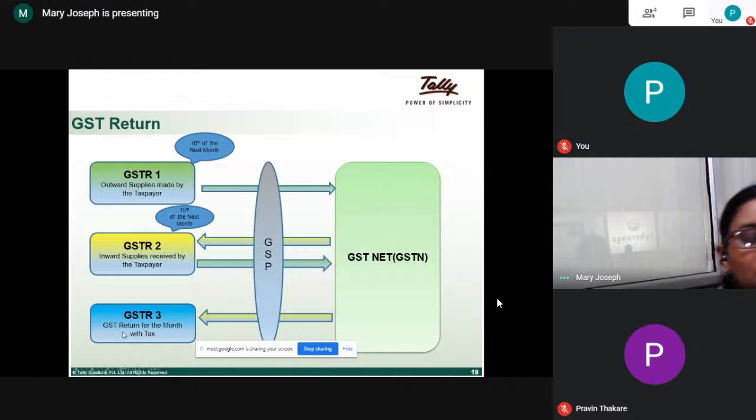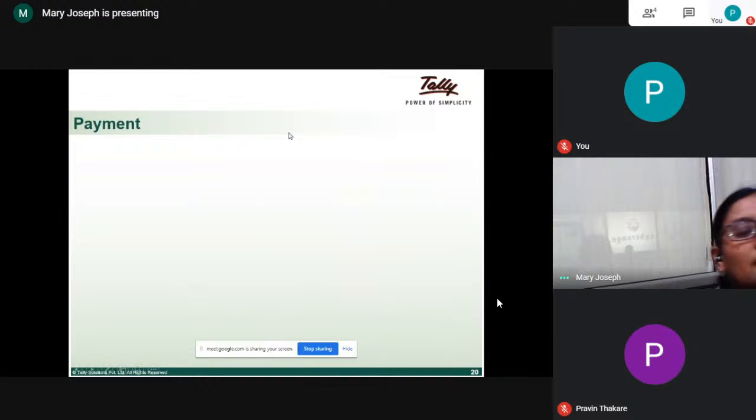GSTR 3B, the return for the month with the taxes, 20th of the next month. Every 20th of the next month you have to pay.